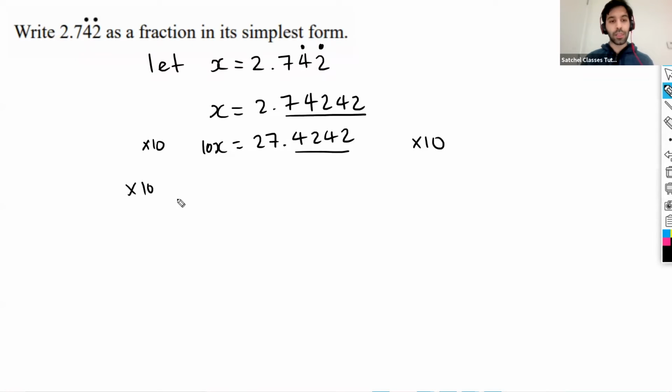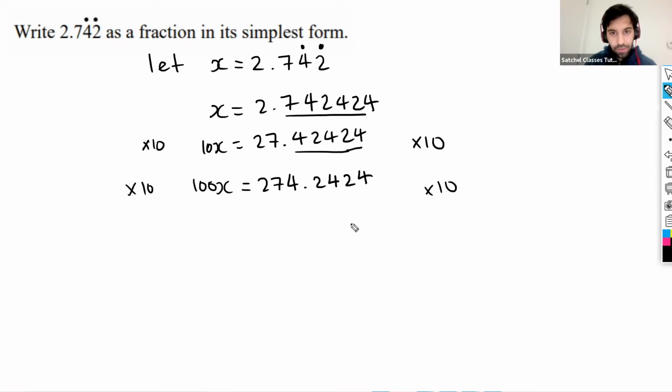So I'm going to multiply both sides by 10 again. 10 times 10 is 100x, and this number multiplied by 10 is going to be 274.2424, and I'll write some more 4s and 2s. Now I'm having a look again. None of the digits after the decimal are the same, so I still can't subtract any of the equations from each other. So I have to multiply by 10 again.